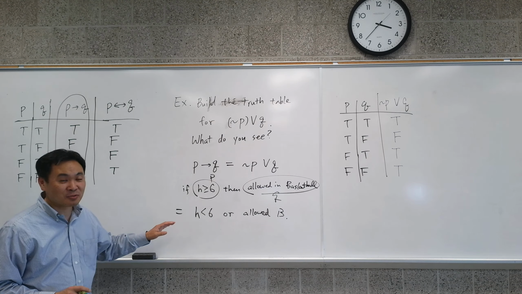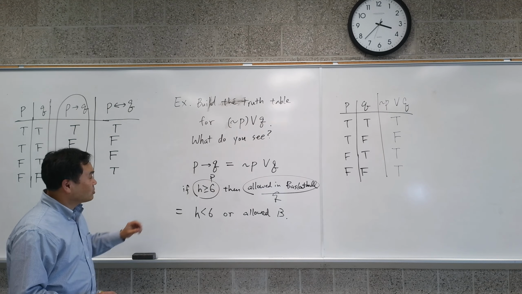It could be that that person is less than 6, or that person's accepted into the basketball team. True, right? Because if this is not true, then that person is 6 feet or taller, so he must be allowed into the basketball team. All right? Okay.